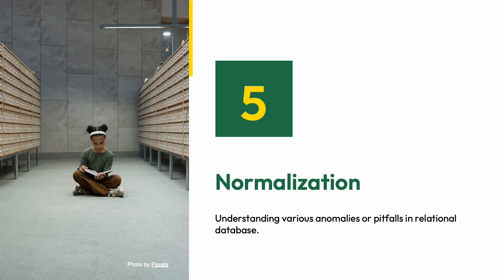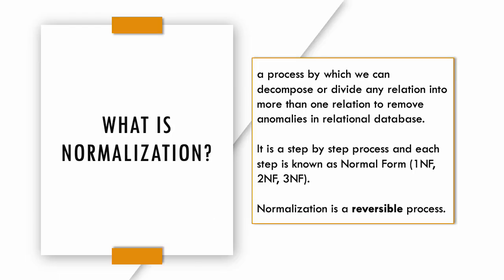So we have discussed the normalization definition in the previous sections in chapter 5, but in this chapter we will go into detail on normalization. So normalization is basically how we understand various anomalies or pitfalls in a relational database. Okay, to start out with normalization, we go into the definition first.